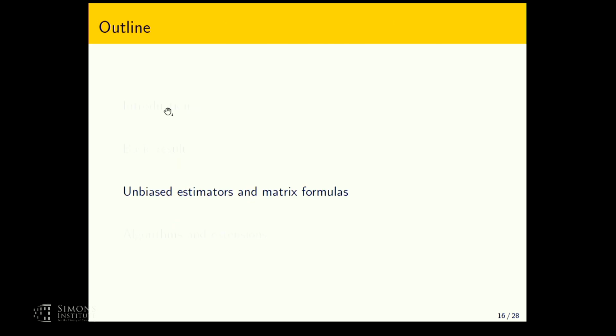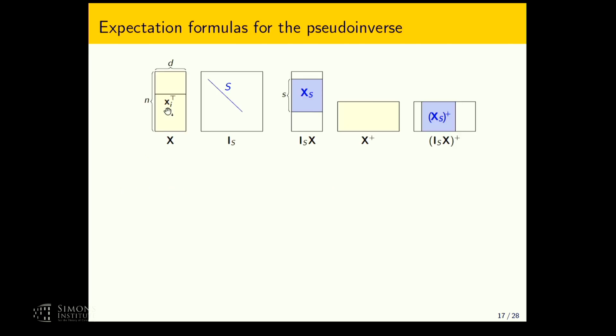Okay, so let's look more closely at those unbiased estimators and matrix formulas that pop up. It turns out volume sampling is very closely connected to the matrix pseudoinverse. To understand the setup, we have a tall matrix X, n by d, and the rows are what we're sampling. We use the selection matrix I_S to construct the matrix I_S X, which zeroes out everything that we didn't sample, so we have the same shape as X, but everything else is zeroed out.